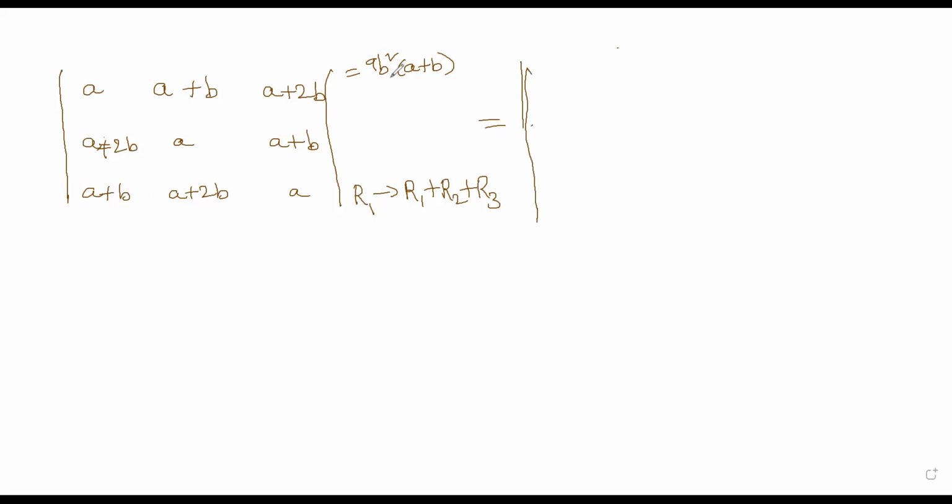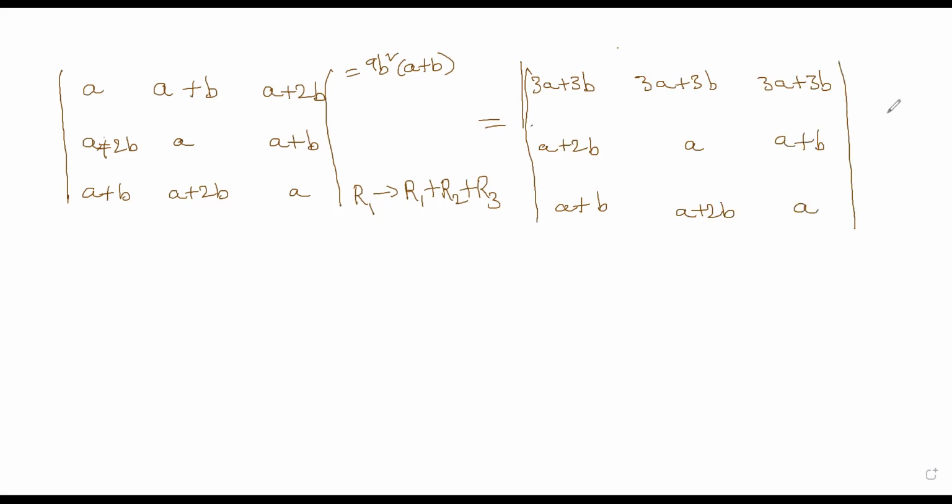So what you have is that you get 3A plus 3B everywhere. 3A plus 3B. And now A plus 2B, A plus B, A plus 2B, A plus B, and A. This is what you have.